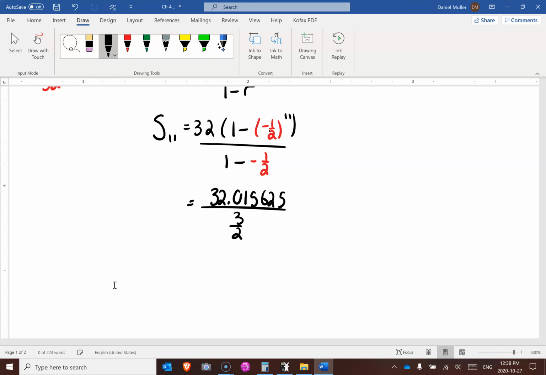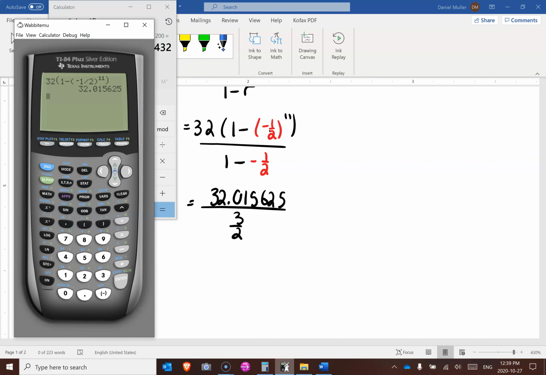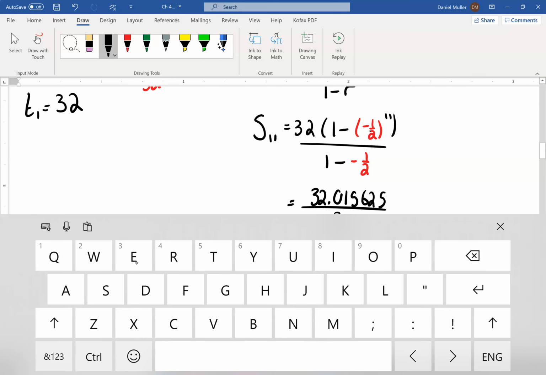32.015625. And I want to divide that answer by 1.5 or 3 over 2. Now, if I'm going to go 3 over 2, I need to put it in brackets. So 3 over 2. And I get 21.34375.